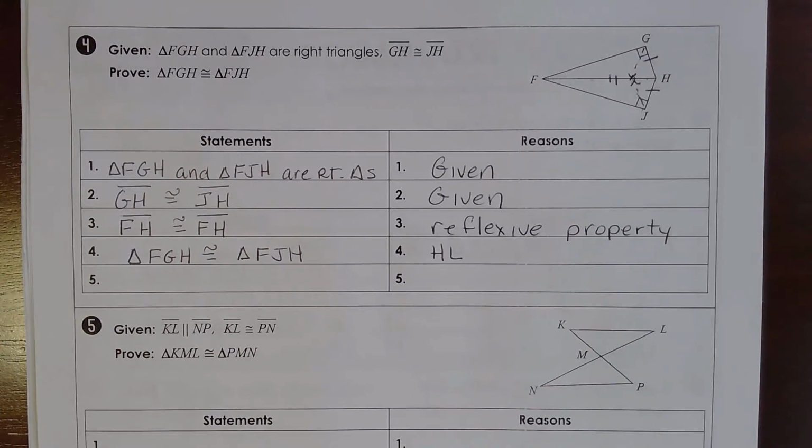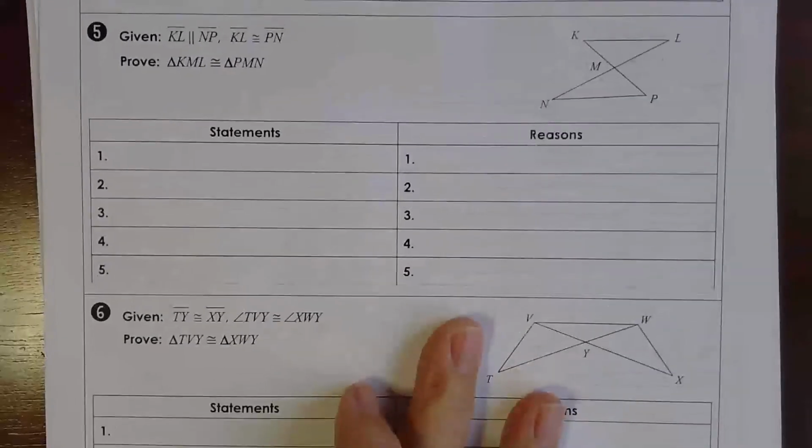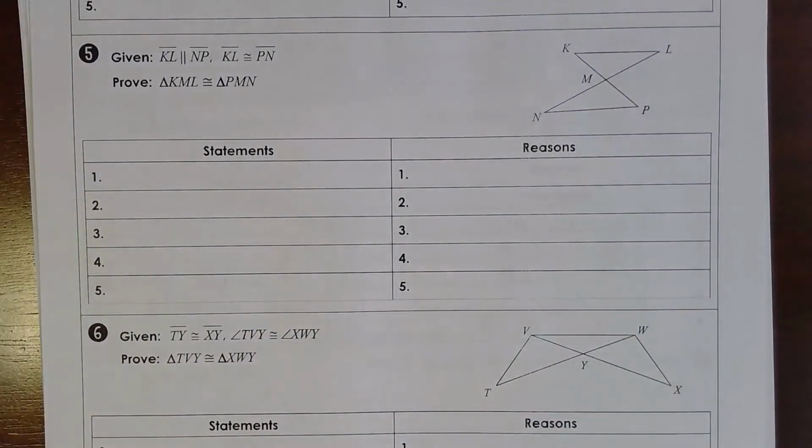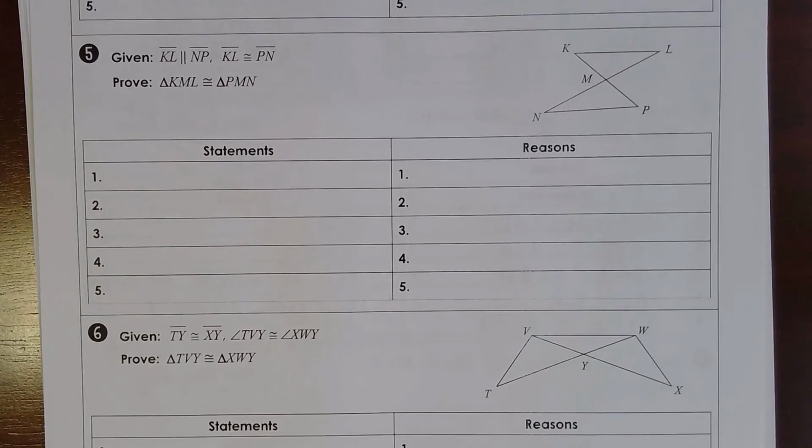All right, number 5. We're given that KL is parallel to NP. When I was checking homework, you can never ever put down a reason for something to be congruent because they're parallel. That doesn't work. When you see parallel lines, that is going to be an indicator that you're going to have corresponding angles or maybe some alternate interior angles.